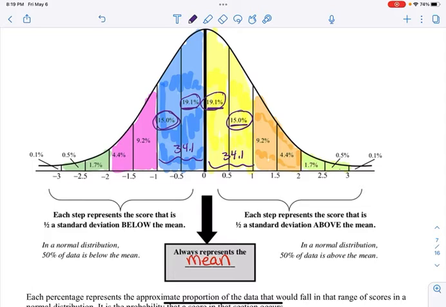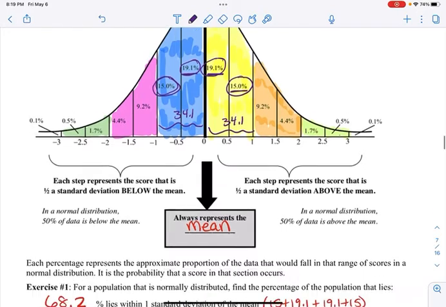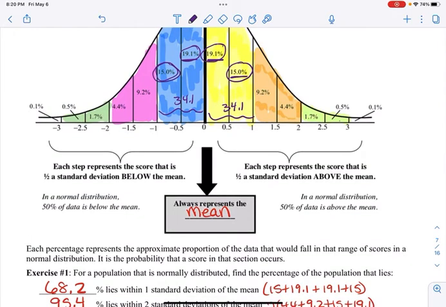But you can definitely do the halves. I just have the percents broken up by halves, but you'll be adding those percents together. So each percentage represents the approximate proportion of the data that falls in that range of scores in a normal distribution. It is the probability that a score in that section occurs.